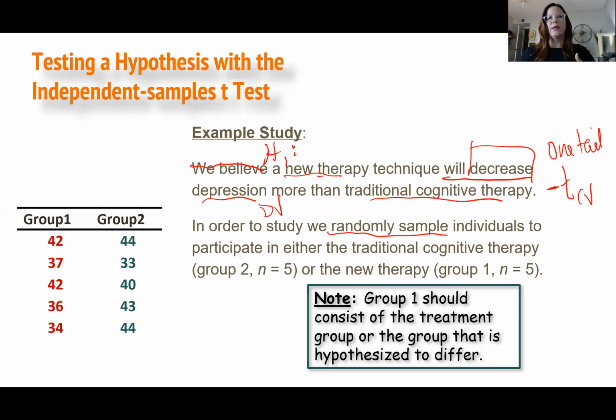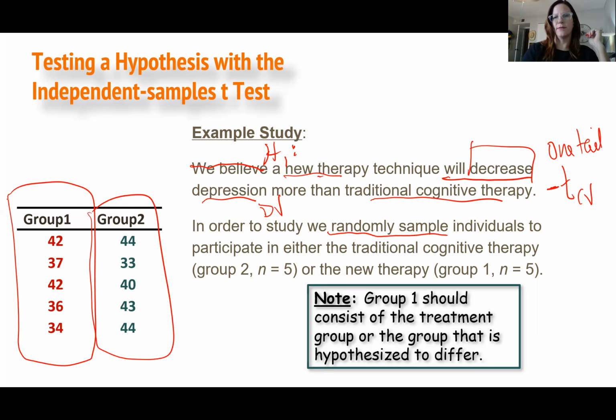When we're setting up our independent t-tests, always note that group 1 should consist of our treatment group, or the group that we hypothesize to be different. So as you can see, the traditional cognitive therapy is group 2, and the new therapy is group 1.